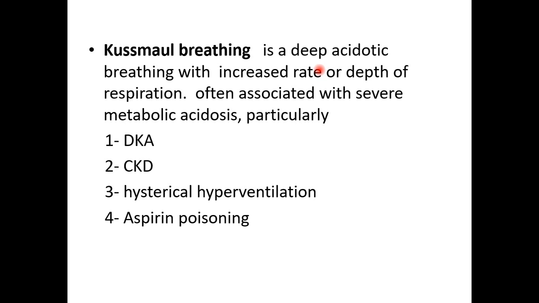We tell you, for the causes of Kussmaul breathing, you have to mention diabetic ketoacidosis, chronic kidney disease in patients with uremia, and sometimes aspirin poisoning. The commonest cause of Kussmaul breathing that we see in the casualty, in the hospital or in the clinic is hysterical hyperventilation or psychogenic hyperventilation.